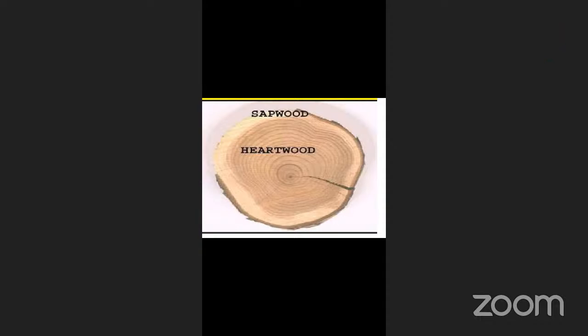Yes, sir. That is hardwood and sapwood. Now we study sapwood first, or alburnum. The outer region of the wood consists of young xylem vessels, yellow in color.